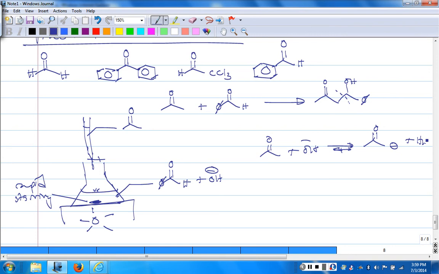That's an equilibrium though. But remember now, all the hydroxide is already in the flask, right? So now I'll be 0.5 molar hydroxide, lots of moles of hydroxide in the flask. And I have only added a single drop of the acetone. So there is a massive excess of hydroxide as far as the single drop of acetone is concerned.